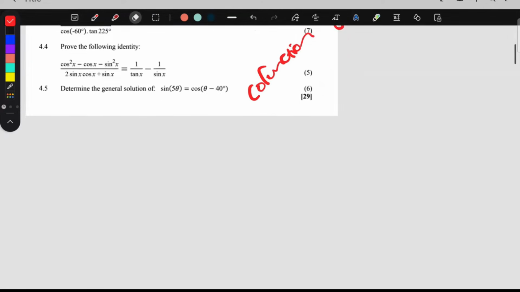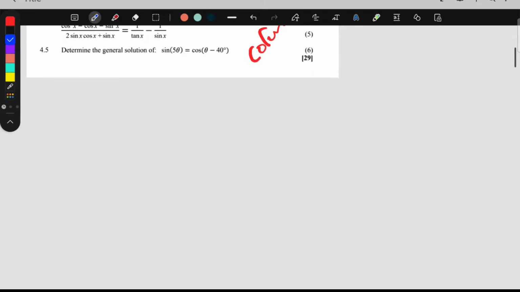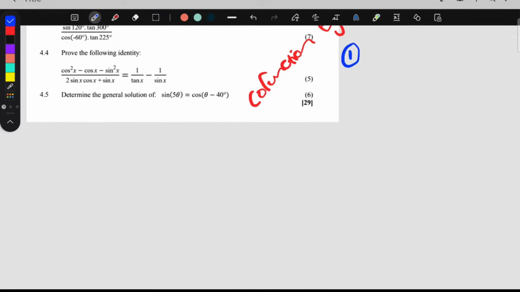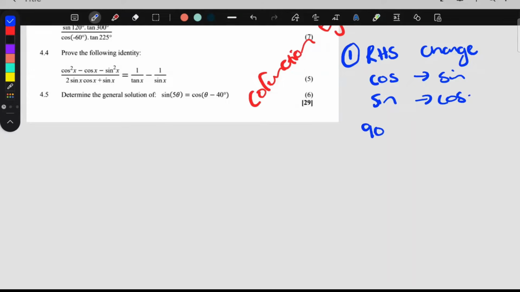So let's write our plan out. So this is my plan. With the co-function type, you can take your right-hand side and you change the cos to a sine, or you change the sine to a cos, depending on what is there. And how you change it is you say 90 minus the angle that they give you, and then you simplify this.